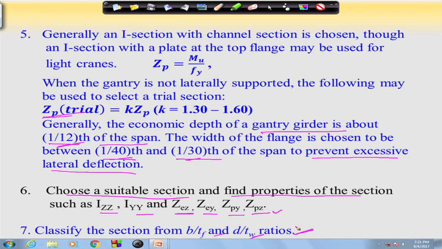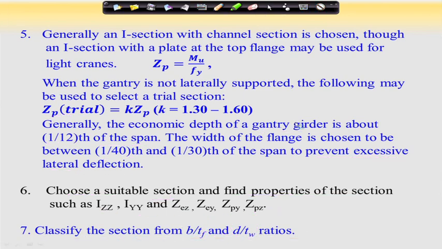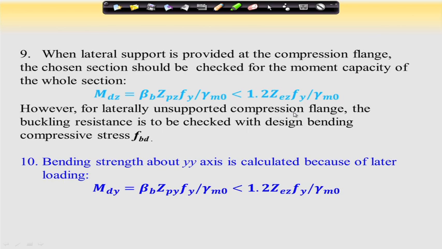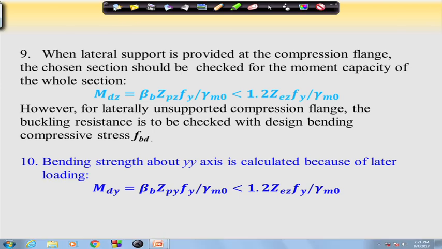So, to classify the section, we need to know the B by TF ratio and D by TW ratio, from which we can find out the type of section, right. So, after that we can find out the MDZ, right. That is the bending strength of the section, or the moment capacity of the section.